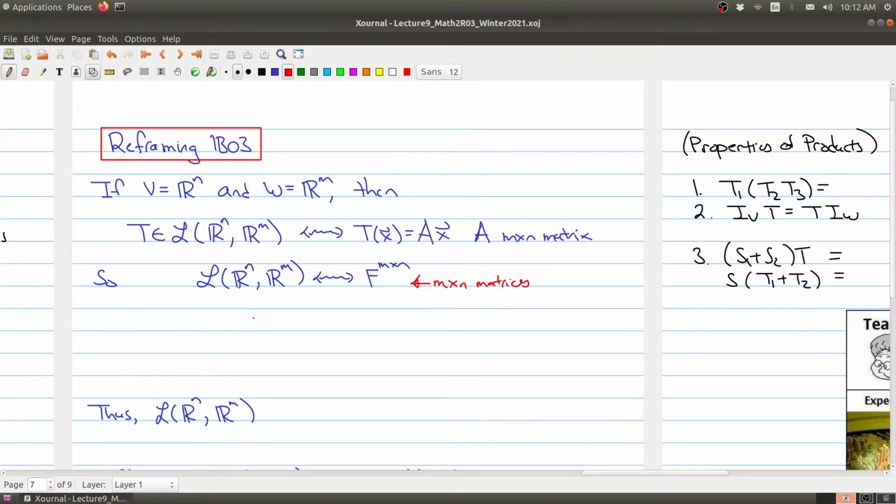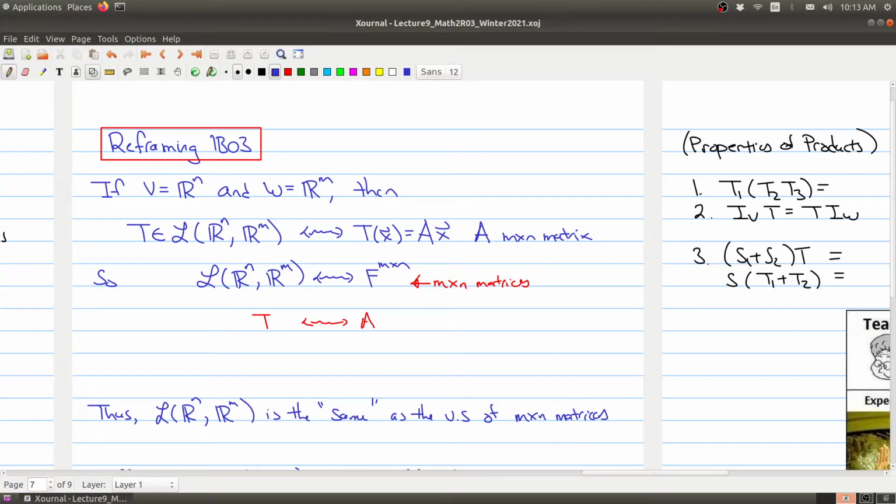How this works is you take a linear map and you associate to it the matrix A that describes the map from Rn to Rm. Now we don't really have a good notion of sameness yet, and we will explain this later on, but this set is really the same as the vector space of m by n matrices.